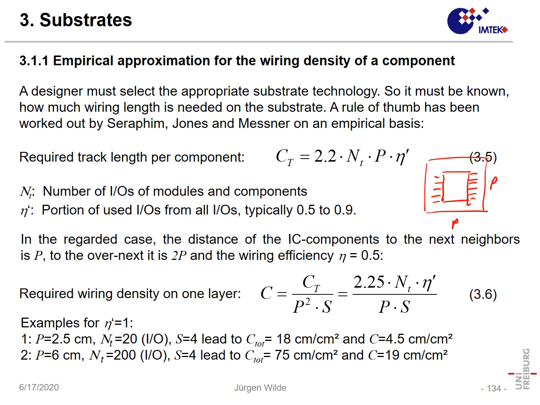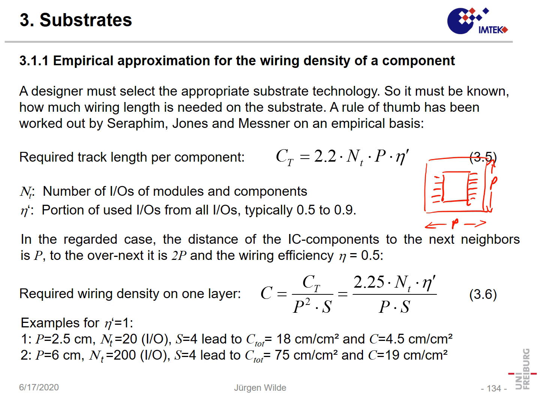And in that way, we can say the required wiring density is something like twice the number of IOs times this efficiency divided by the edge length P and divided by the number of layers we put.